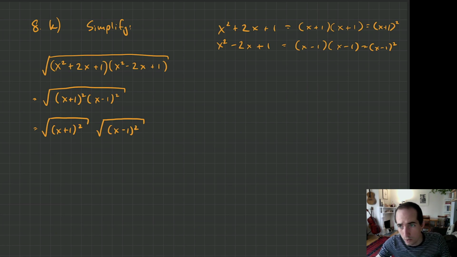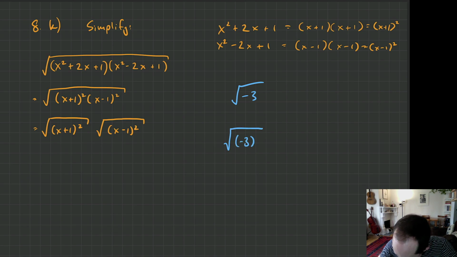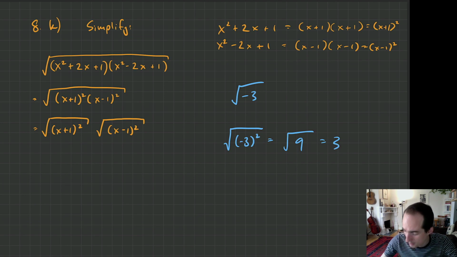We're not allowed to take square roots of negative values. I cannot take the square root of negative 3. That's not allowed. But I could take the square root of negative 3 squared. What would I get? The square root of negative 3 squared is the square root of 9, which is positive 3, right?